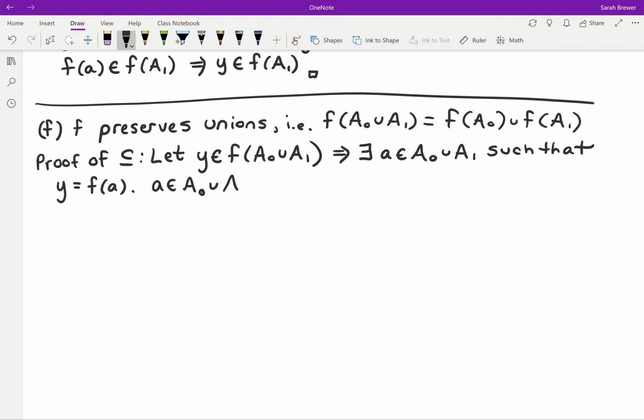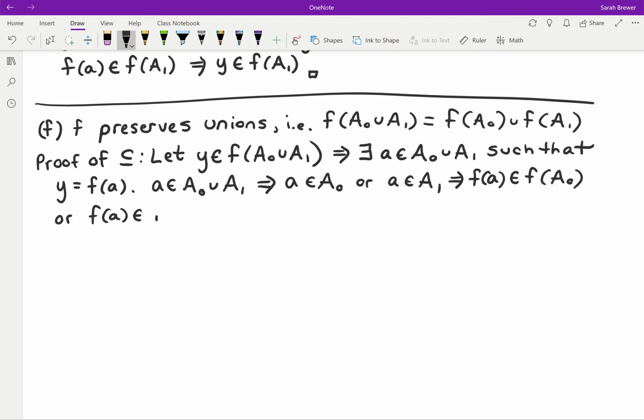Since a is in that union, that tells us that either a is in A0 or a is in A1, which tells us that f of a is in the image of A0, or f of a is in the image of A1.